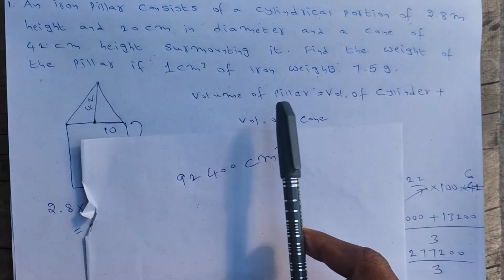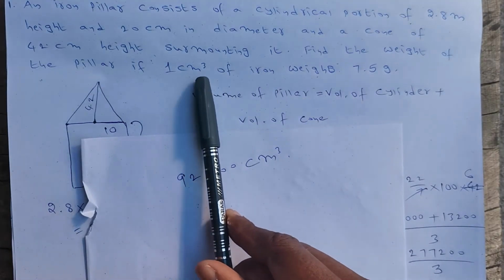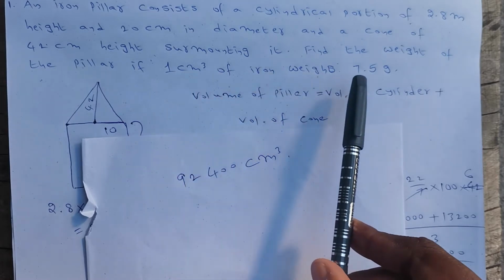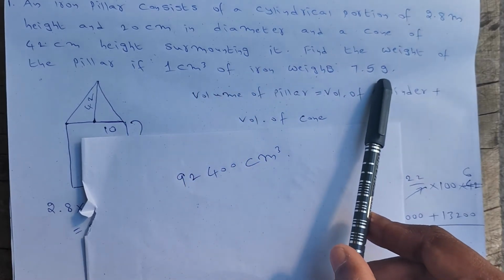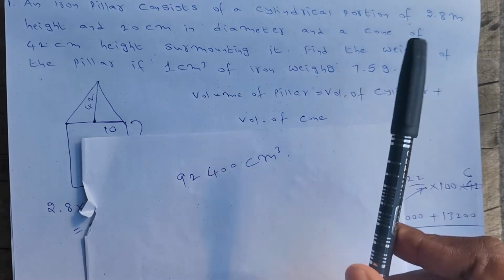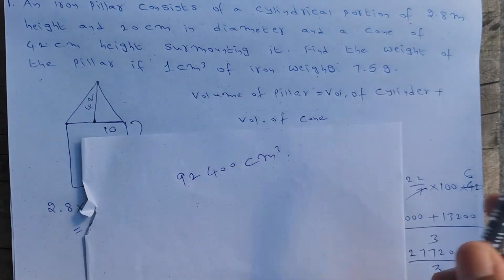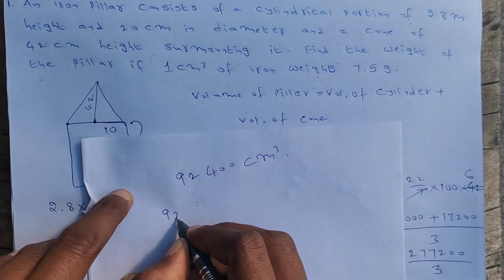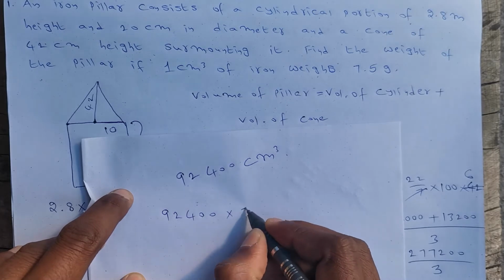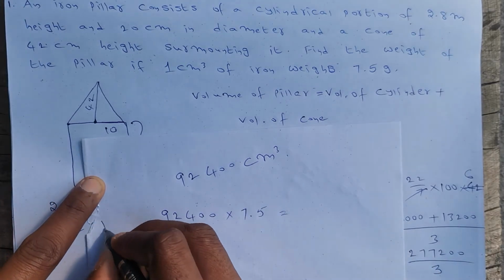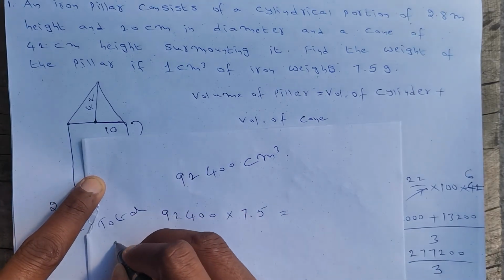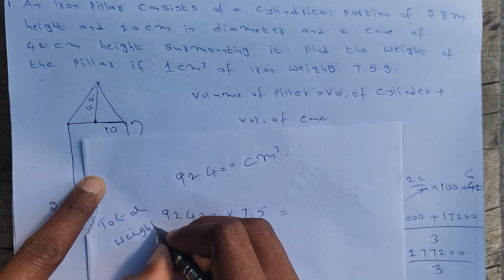Then he gave that 1 centimeter cube weighs 7.5 grams. Then what about the total weight? Simply multiply this with 7.5. 92,400 into 7.5, we will get the total weight of the pillar.